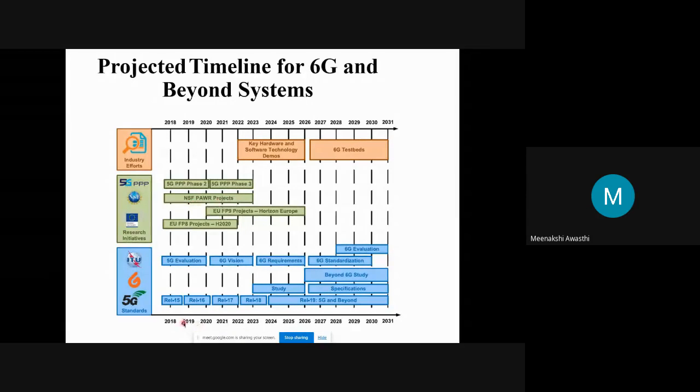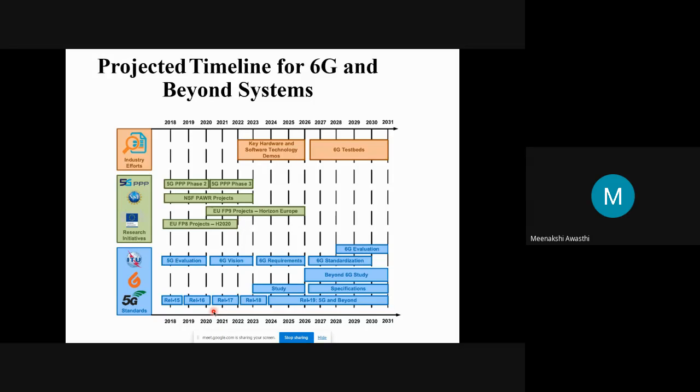Then in 2019, release 16 was developed. In 2020, again release 16. By 2020, it is expected to have 5G everywhere. Now the vision of 6G will start from 2021, although it has already started in 2020 itself, because most of the information in this slide is from a paper published in July 2020.